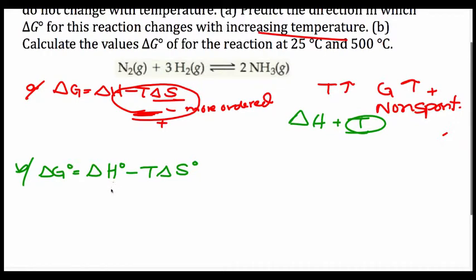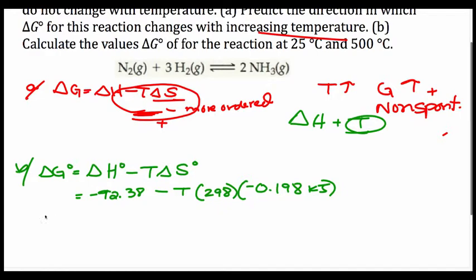So I have delta H naught from appendix C, negative 92.38 minus T at 298 times negative 0.198, because they all should be in kilojoules. I flipped them all, which means my delta G naught is going to be negative 33.3 kilojoules.